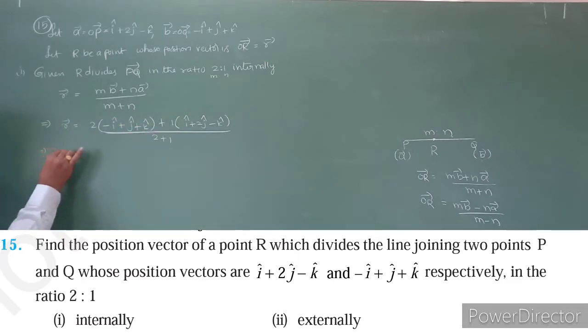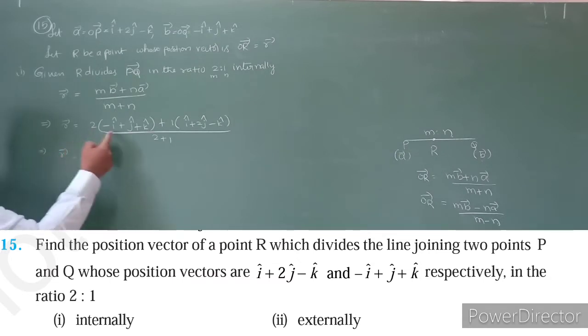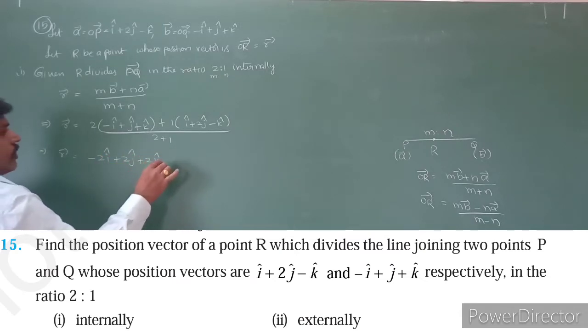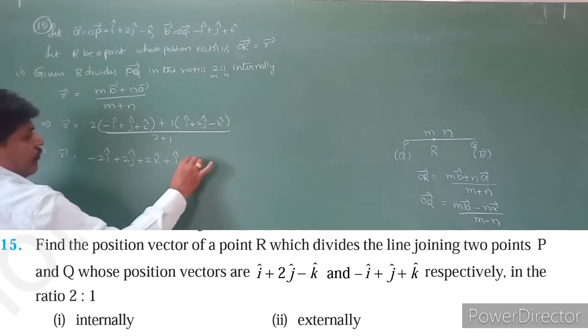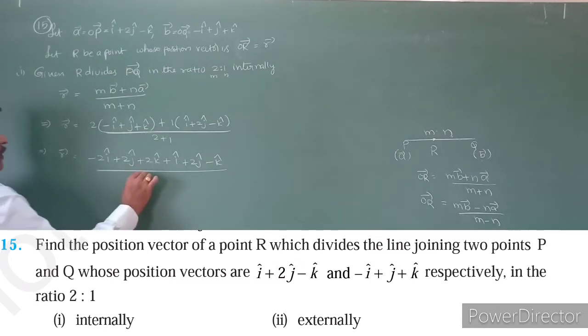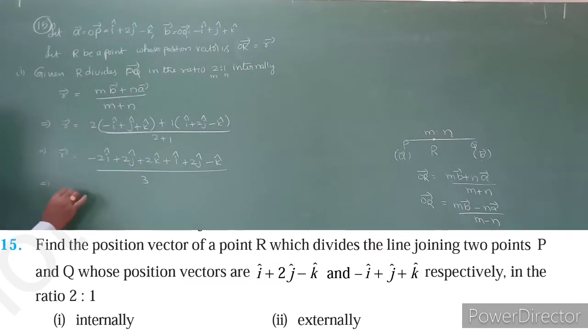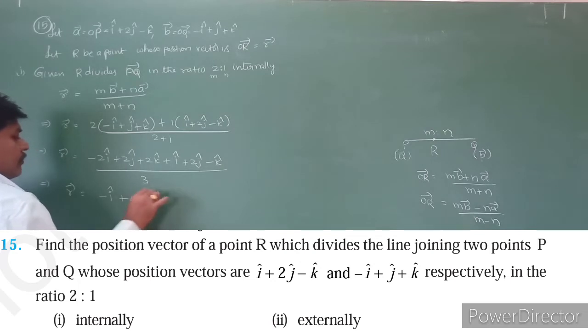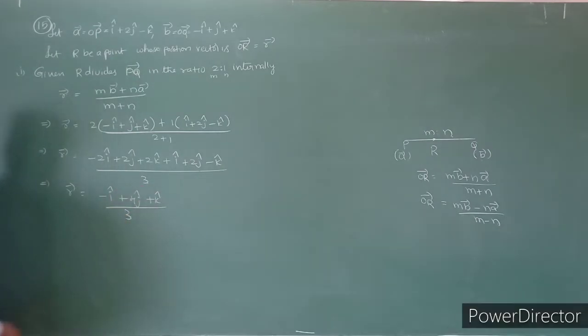So R bar is equal to minus 2i plus 2j plus 2k plus i plus 2j minus k by 3. That implies R bar is equal to minus 2i plus i, that is minus i, 2j plus 2j, that is 4j, 2k minus k, that is k, by 3.